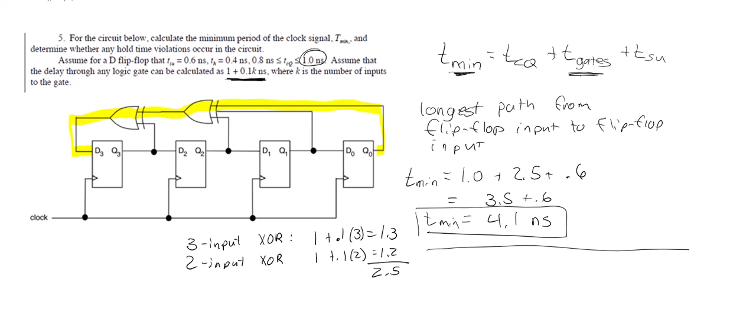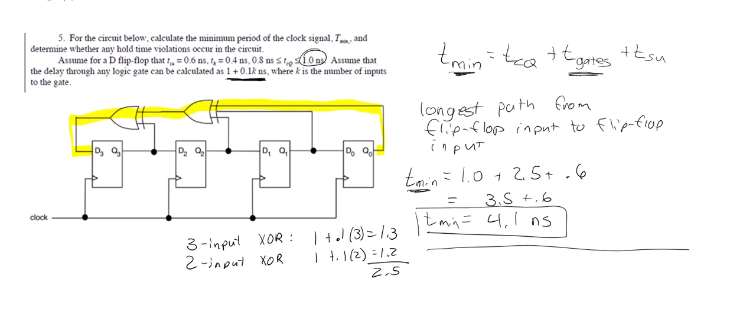The setup time is the minimum time the signal needs to be stable before the clock edge. That's why we have the setup time in this T minimum. The hold time is the minimum time required for it to be stable after the clock edge. In other words, you don't want it to change too fast. Again, I'm not sure you need to know this for your section, but for the hold time, you don't want it to change too fast.